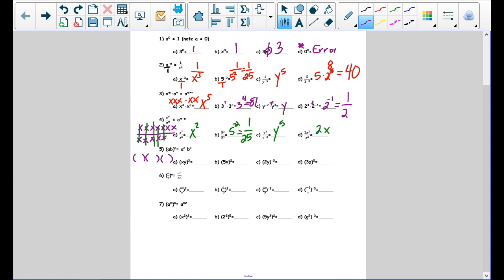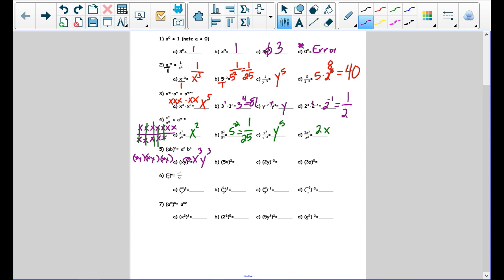Well, each set of parentheses contains an xy. So xy, xy, xy. So in the end, how many x's do I have? 3. How many y's do I have? 3. So this exponent, kind of like we say distribute, gets distributed to each exponent in there.